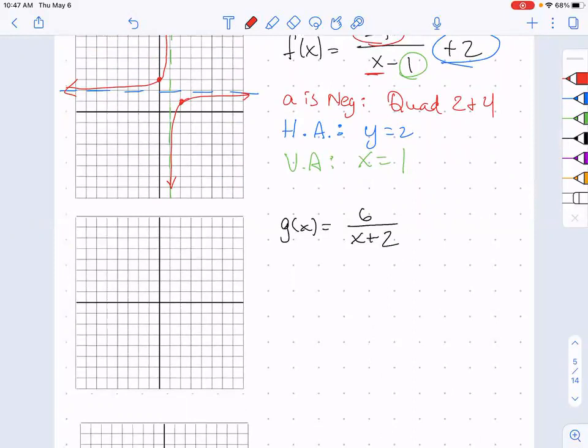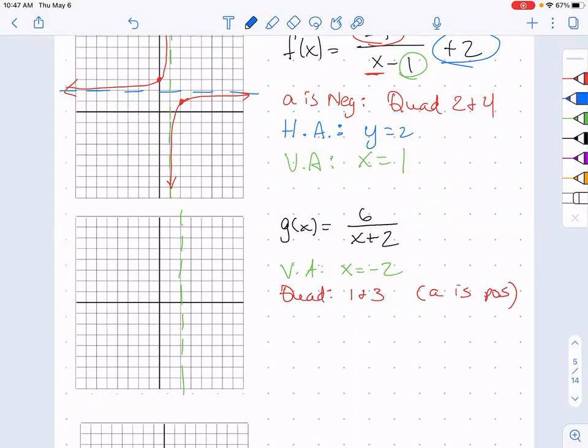Tell me what you know. Okay, so several things. Vertical asymptote, -2. I heard that, so we'll go ahead and sketch that in. It is in quadrants 1 and 3 because the A is positive.